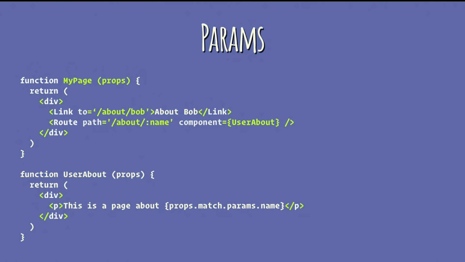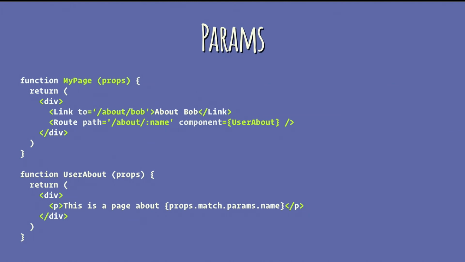Location, match, and history, as we'll see. So the match prop that it passes in the example below, you'll see props.match.params.name. So any params you have will be keys within props.match.params.